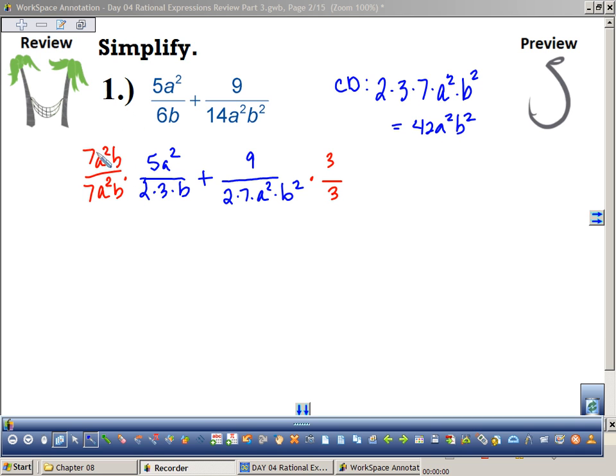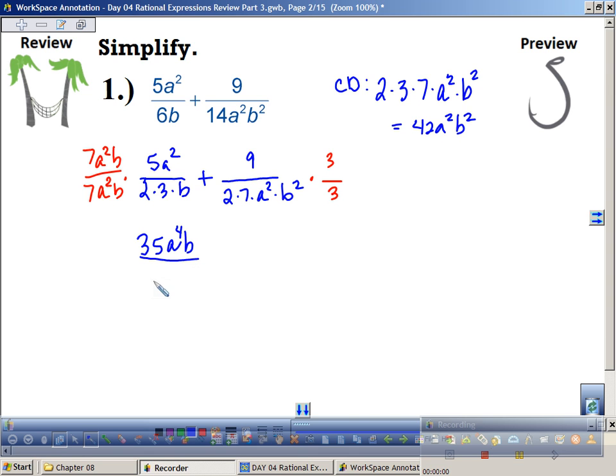So when I multiply, I get 7 times 5 is 35, a to the 4th, b. What do I get in my denominator? 7 times 6 is 42, a squared, b times b is b squared.